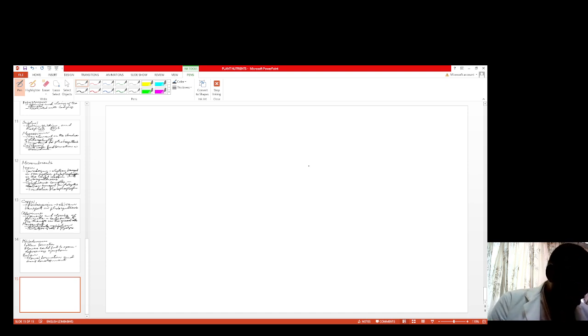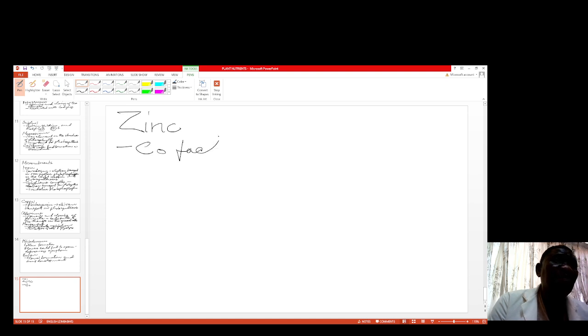This one is zinc. Zinc is a cofactor in several plant enzymes.